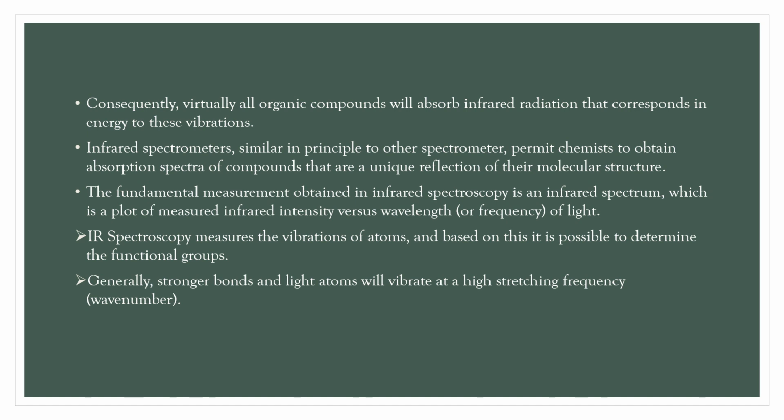Infrared spectroscopy measures the vibrations of atoms, and based on this, it is possible to determine the functional groups. Generally, stronger bonds and light atoms will vibrate at a high stretching frequency.